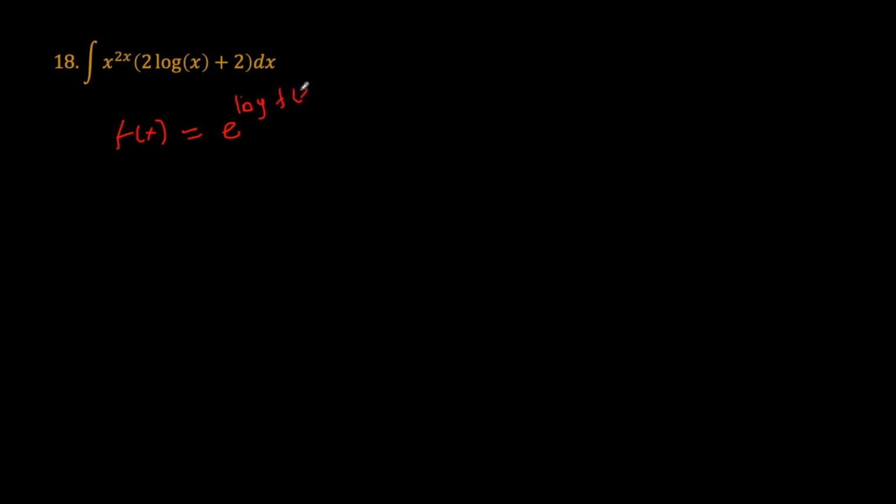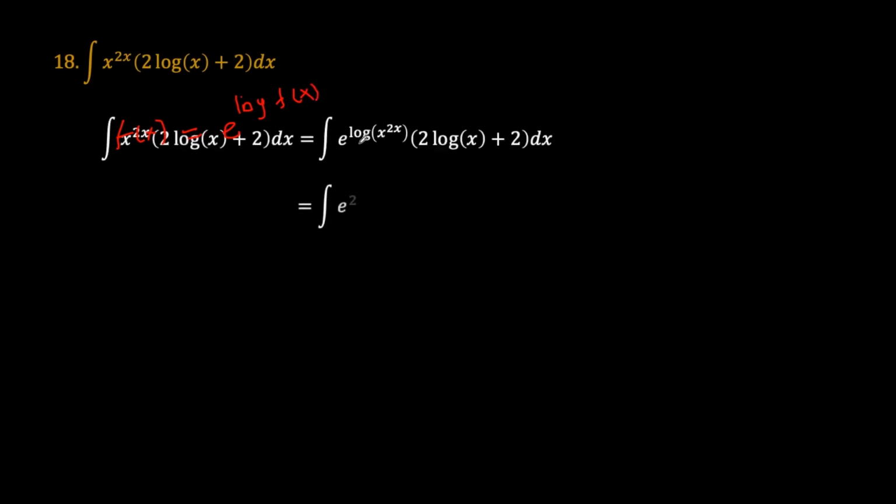So we're going to apply this expression for x to the power 2x such that our integrand is that, and as we can see here, this is the derivative of this expression.